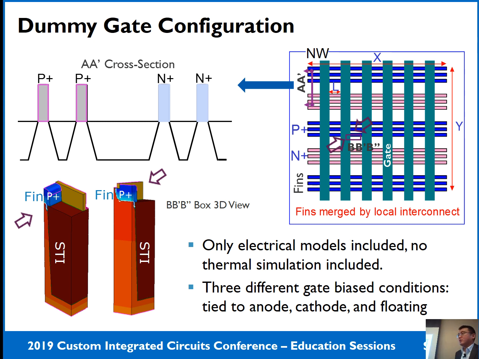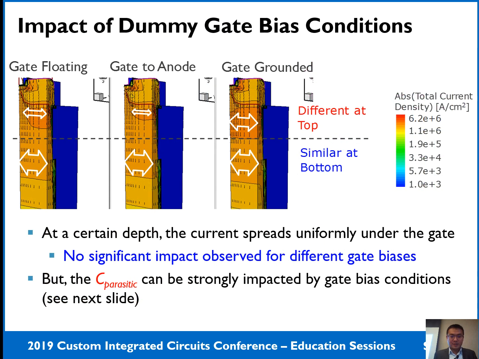They are just dummy, in order to keep the local metal density. But how do we treat them: tie to anode, tie to cathode, or float them? A simple simulation result, which only includes the electrical model but not the thermal model, is shown in this following slide.